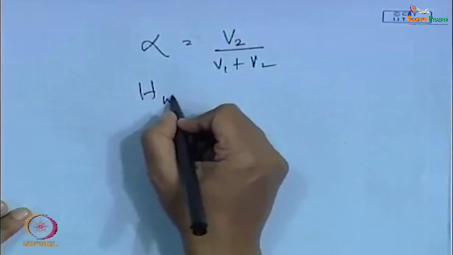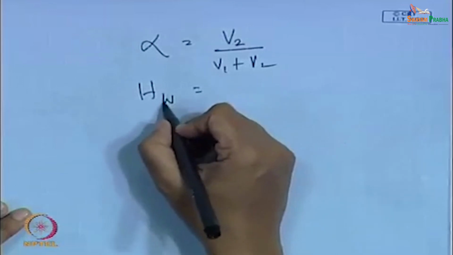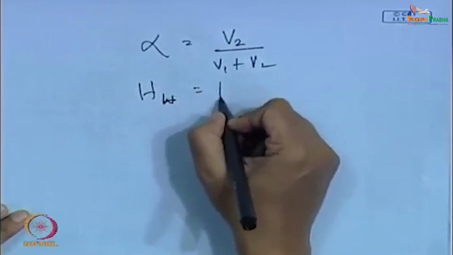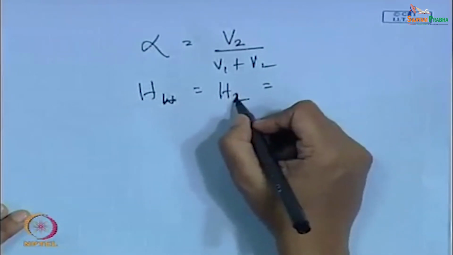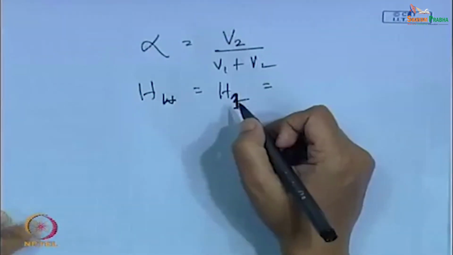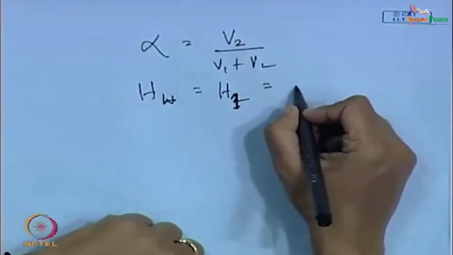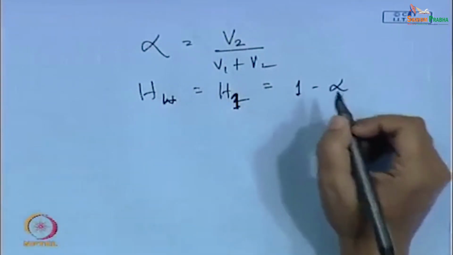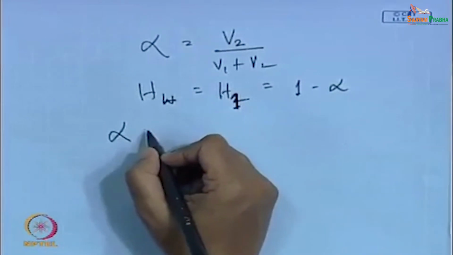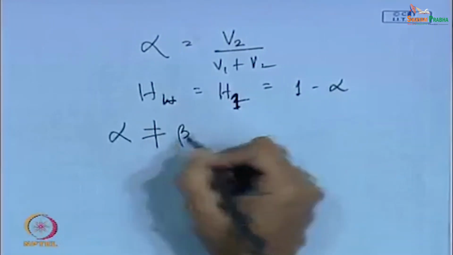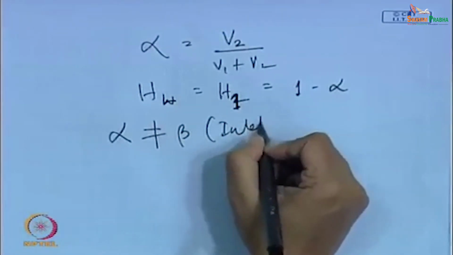And as I had mentioned in the last class, it is HL or H2, whatever way you would like to, H1, it is the hold up of the heavier phase, it is usually equal to 1 minus alpha. And I had already told you that alpha, the in situ fraction, is not equal to the inlet volume fraction.